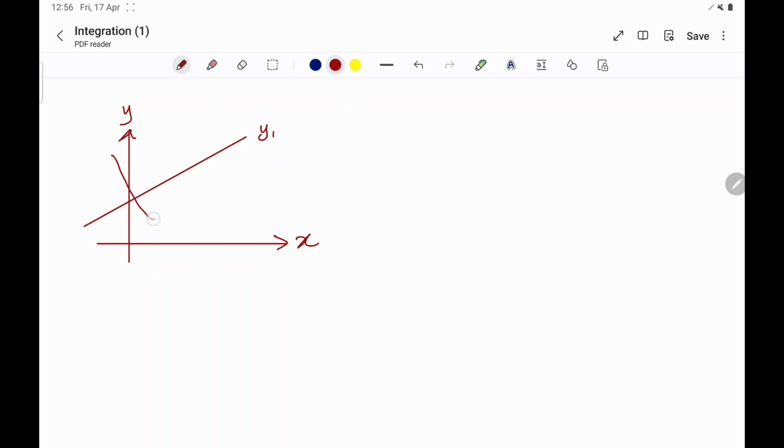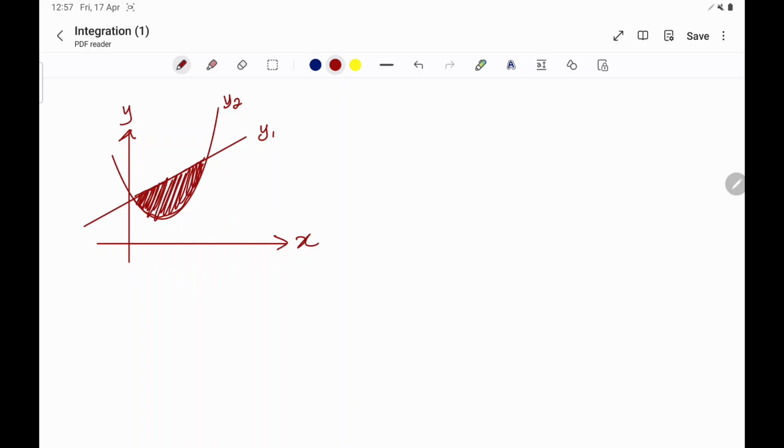Then I have a quadratic like this, and I put it as y2. Now, where's the shaded part? The shaded part is the area that is bounded by these two curves. Here you have y1 and here you have y2.